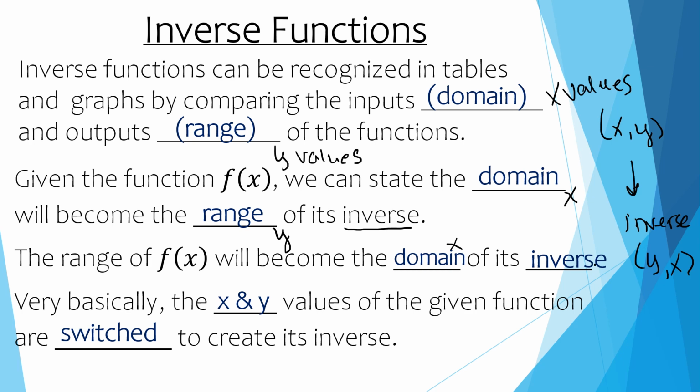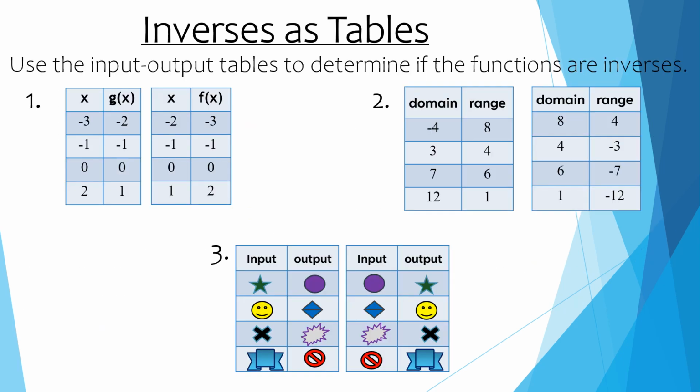All right, so let's go through some examples. Our first examples are in tables, and you'll notice that in this first setup we have x and g of x, and x and f of x. So the domain, -3, becomes the range of its inverse, and the range of the original function g of x becomes its domain in the inverse. So I just want to look across and see, does the point -3, -2 become -2, -3?